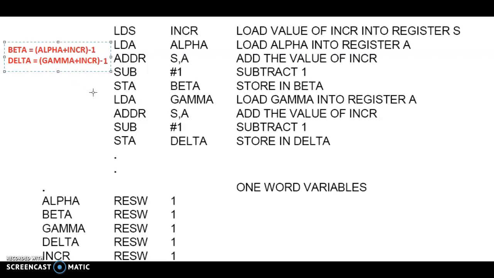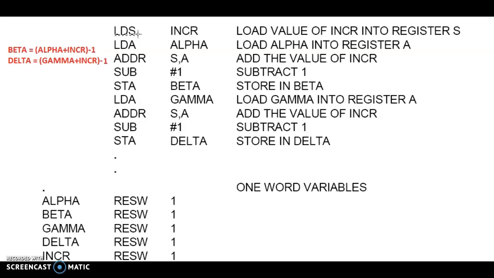As we have learned, we have many registers in addition to the registers given in SIC. There are 4 more registers. We make use of those registers to perform this operation.